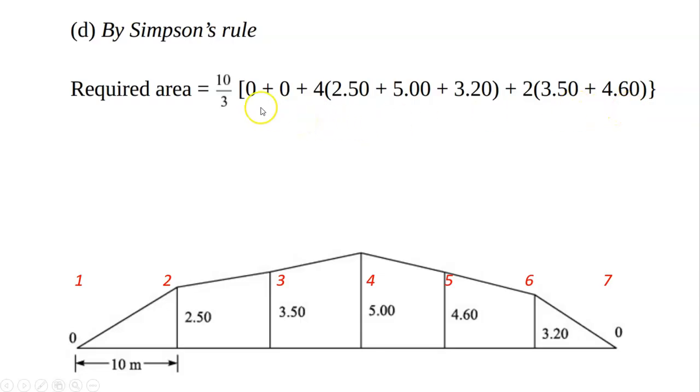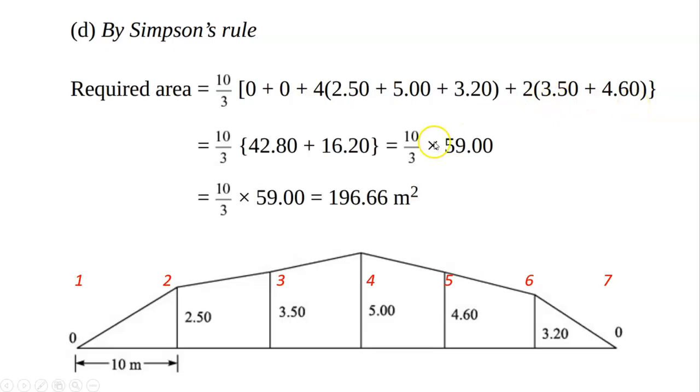If you observe carefully, all the 7 values are listed, and upon further simplification we end up with an area of about 196.66 meter square.